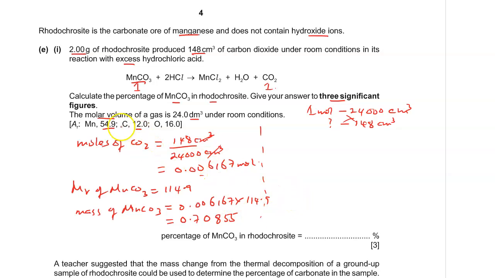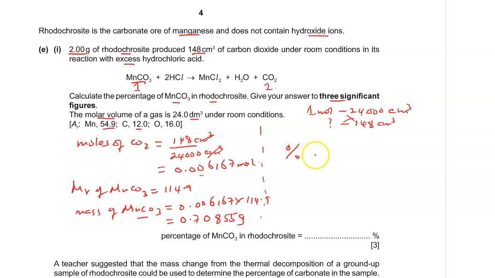0.7855. We need the percentage, so out of 2 grams of this ore, 0.7855 grams was manganese carbonate. So what percentage is that?